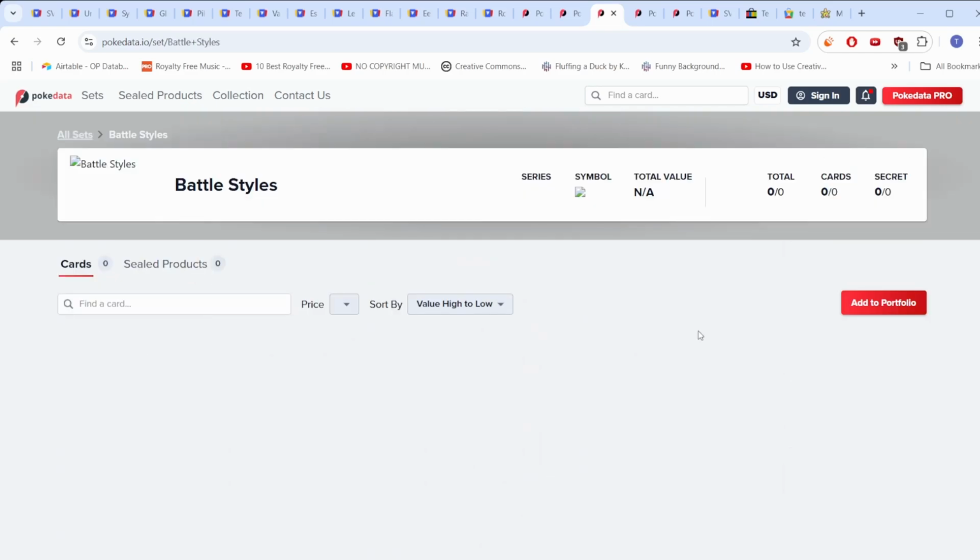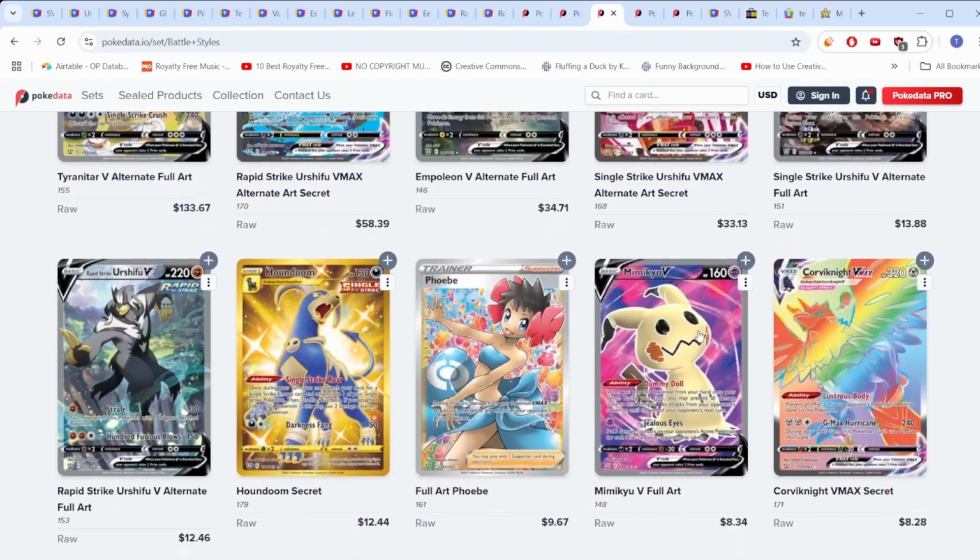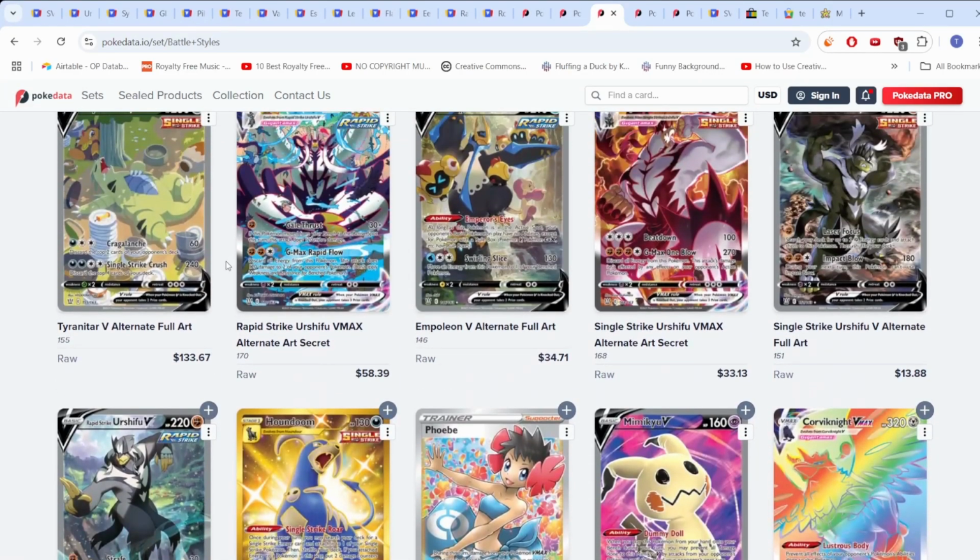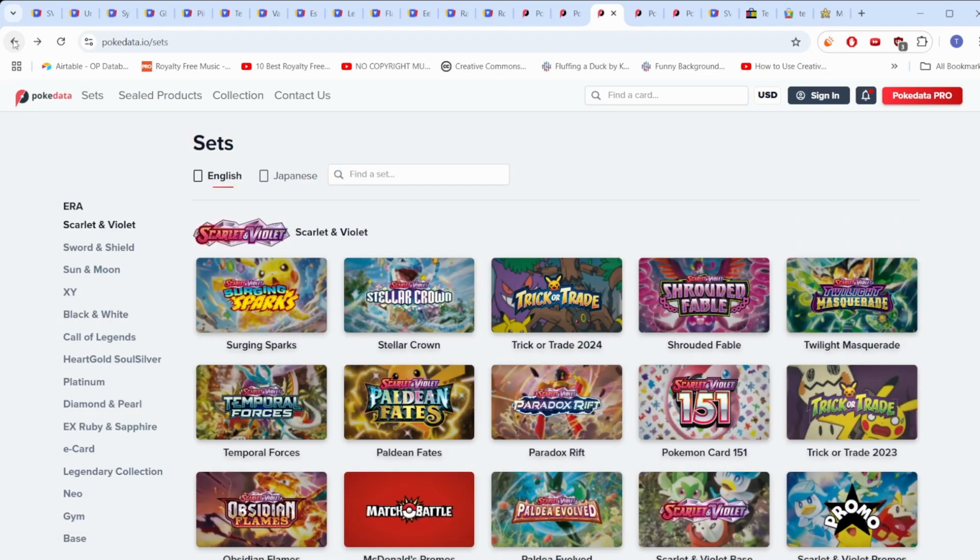I think some of the cards in Battle Styles look cool, but I guess some people don't like them. But there's history, and with the history you can see: is this not valued because it was overprinted, or because the Pokemon are popular? These are just things you use to make your guess.